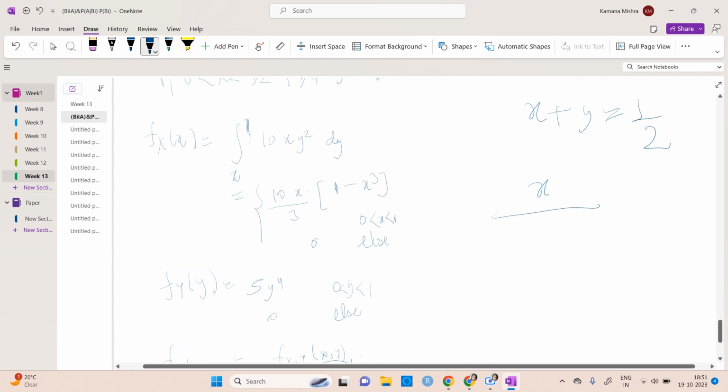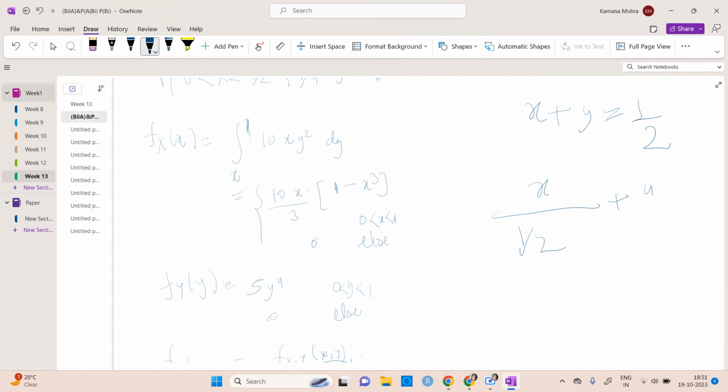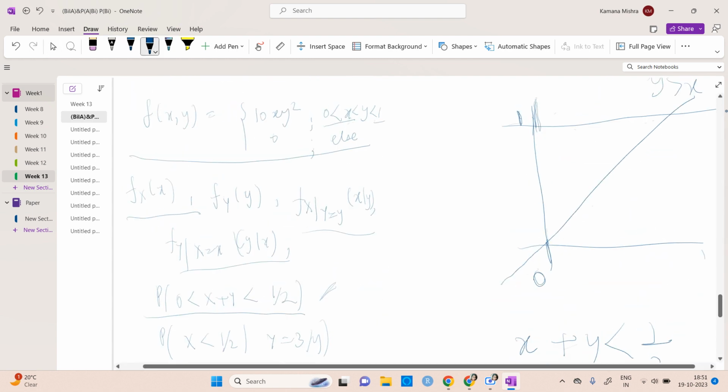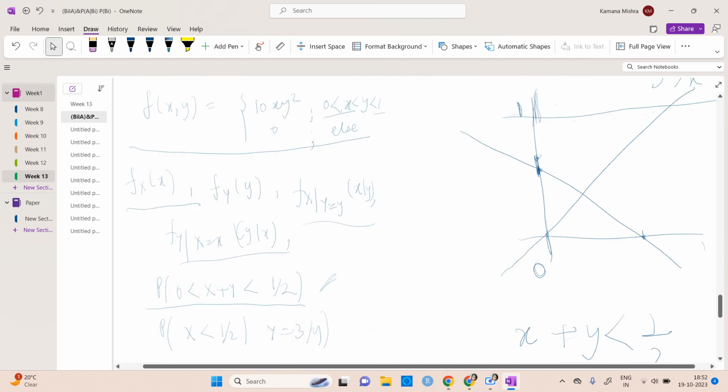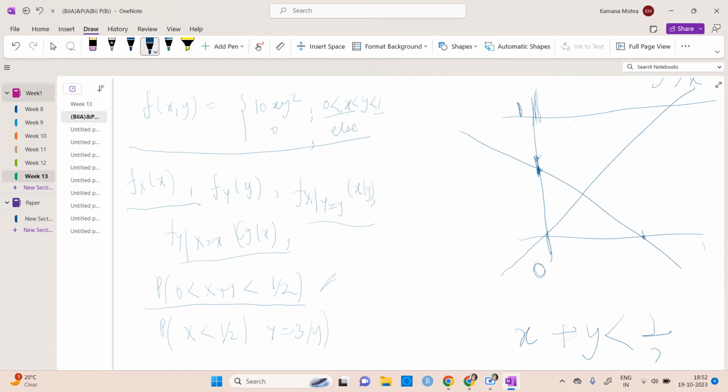So the intercept form is x divided by 1 by 2 plus y divided by 1 by 2 is equal to 1. So these are the intercepts on the x and y axes, right? You will have 1 by 2 here and 1 by 2 here. For less than 1 by 2, the region below this line is less than 1 by 2, and the PDF is defined only here. So this would be the region where we need to find the probability. Understood?